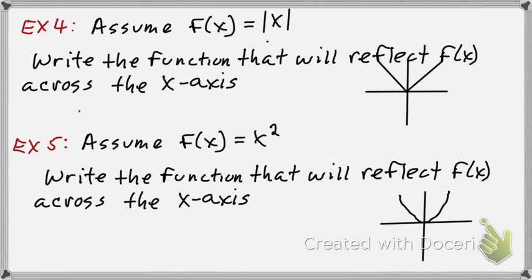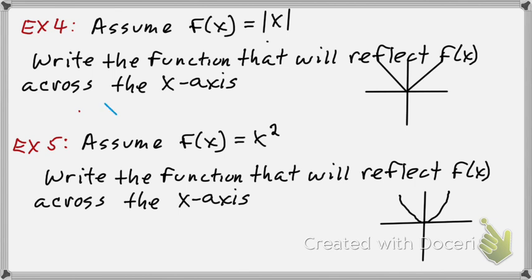All right, so I sketched the little original graphs there. So on example 4, we're dealing with the absolute value of x. I want to reflect that across the x-axis. What do I do? In front, okay.